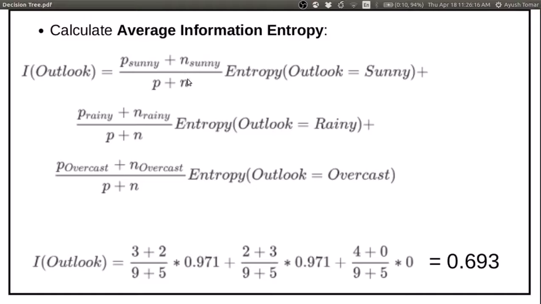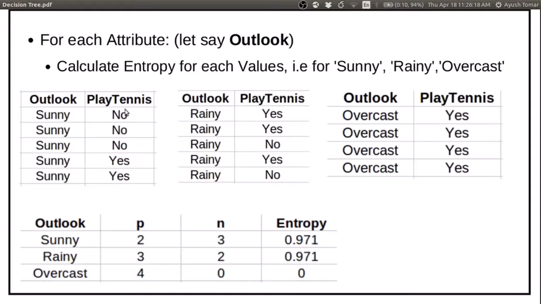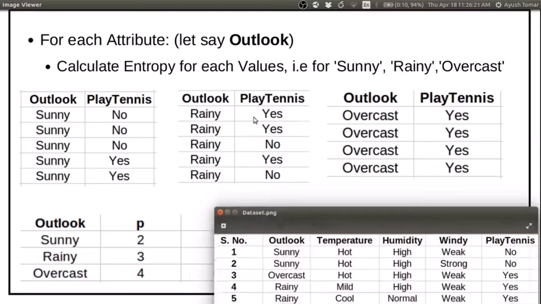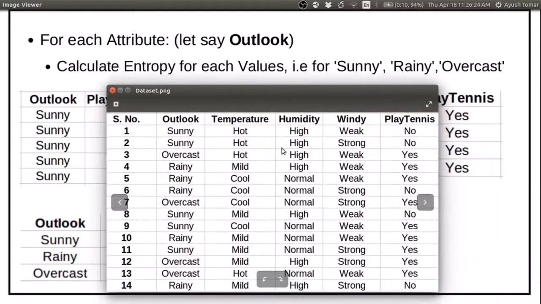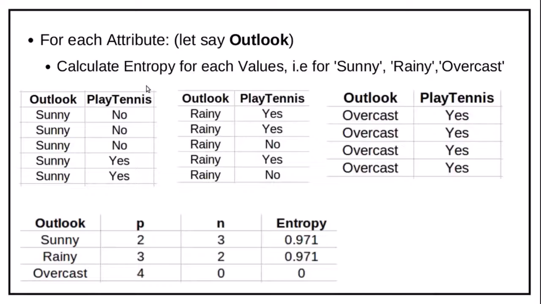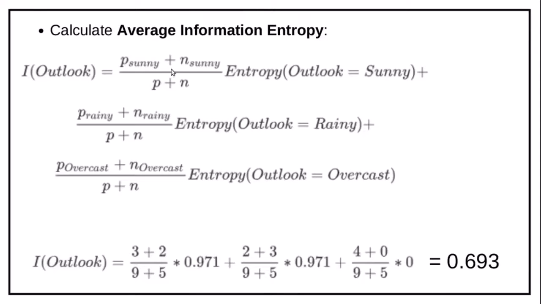It's not about this particular attribute we are talking about, but instead about this entire data set. So here p of sunny plus n of sunny upon p plus n, and entropy outlook is equal to sunny, then outlook is equal to rainy, so p of rainy plus n of rainy upon p plus n, and then when outlook is equal to overcast, then p of overcast plus n of overcast upon p plus n.